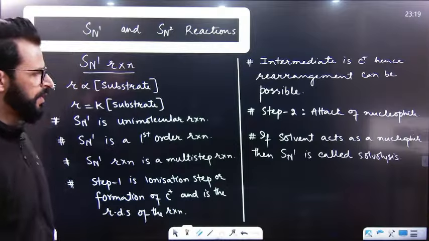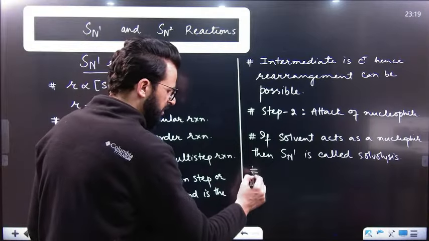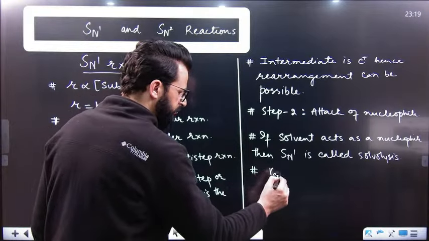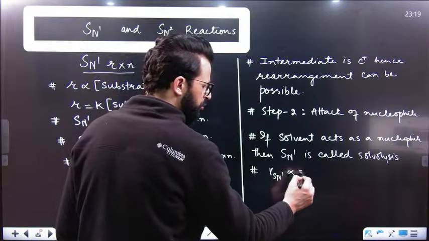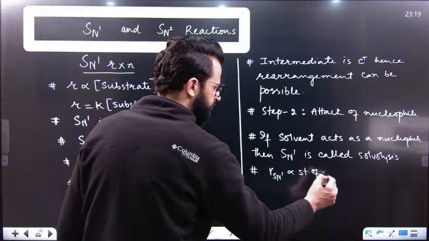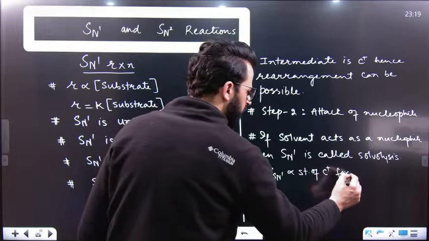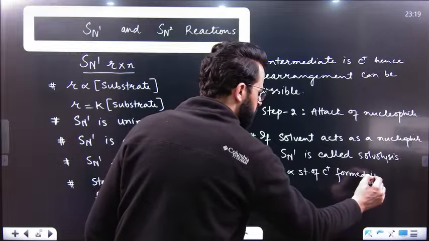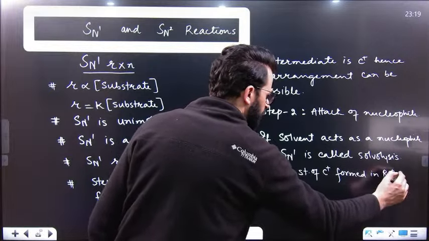Now, remember that rate of SN1 is directly proportional to stability of carbocation formed in RDS. Very important point.